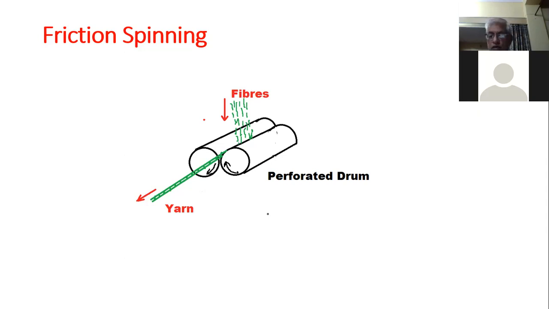Why? Because previously the fibers were in an open state, straight fibers. When they come between the two drums, there are chances of fiber buckling, fiber disorientation, and looping. The fiber may take the form of a loop. So disorientation takes place.